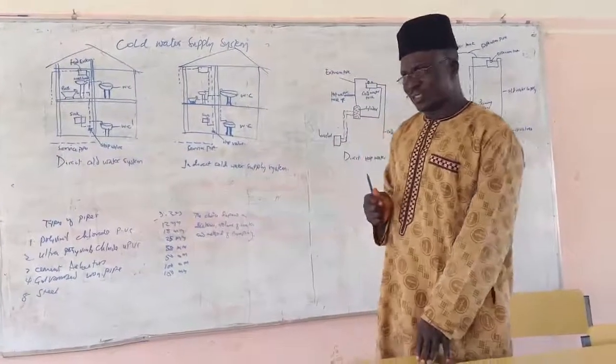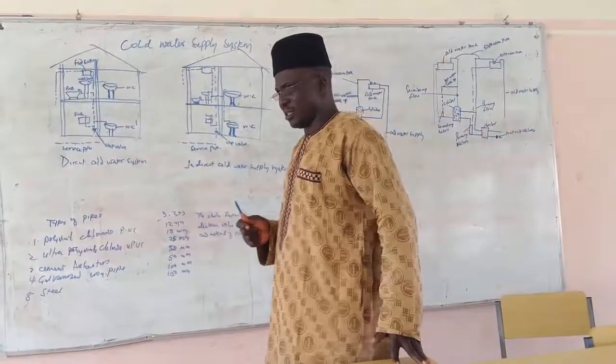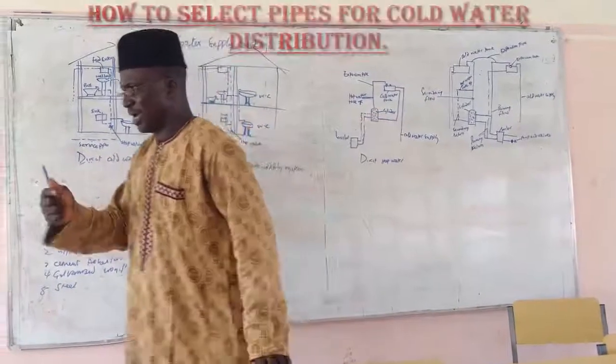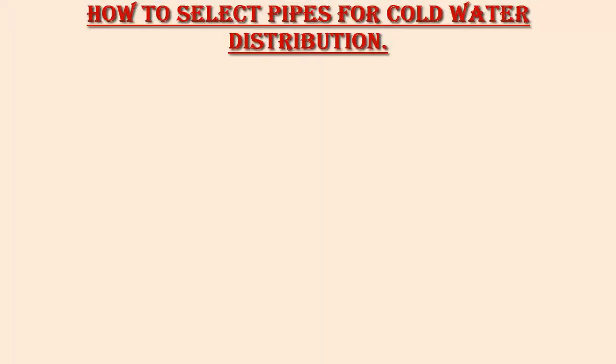We shall also look at how you can select a pipe. Before you select, pipes are made of different sizes depending on what they are going to be used for. When you go to the market, you see various pipes, but specifications are made.